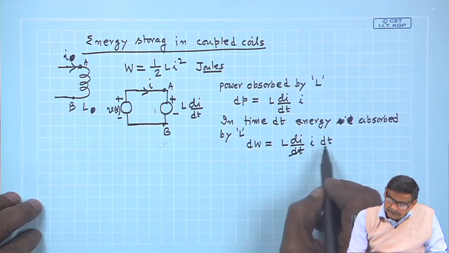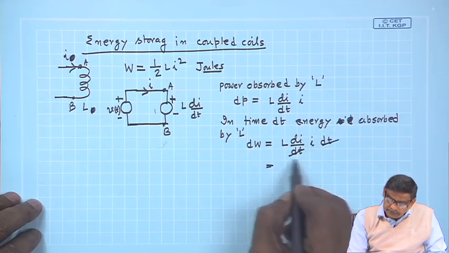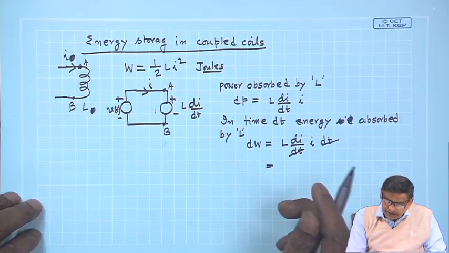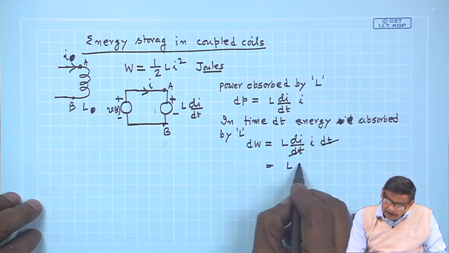This dt you can cancel out, because it is not equal to 0, but very small. So, dW is L I dI.